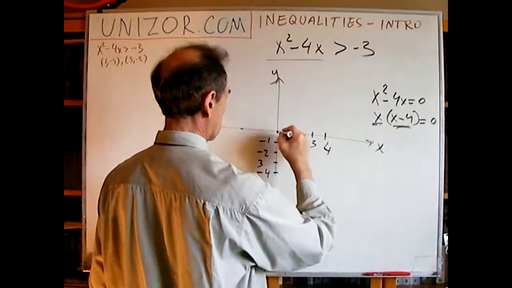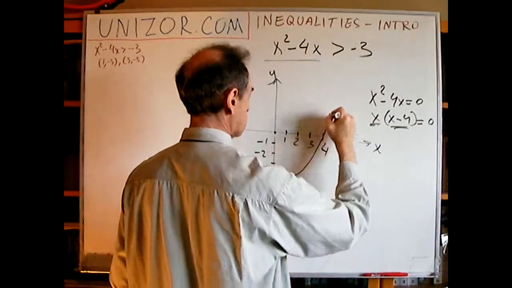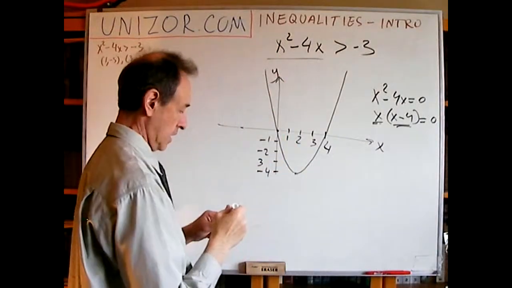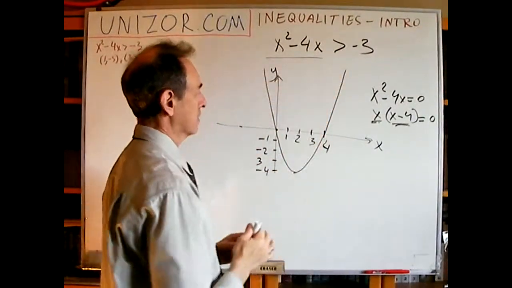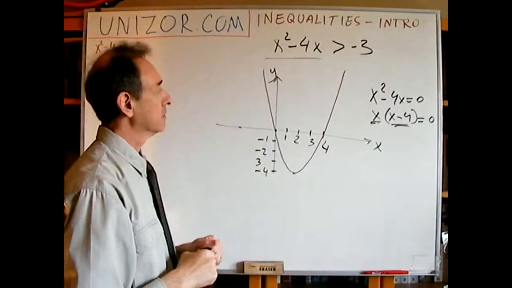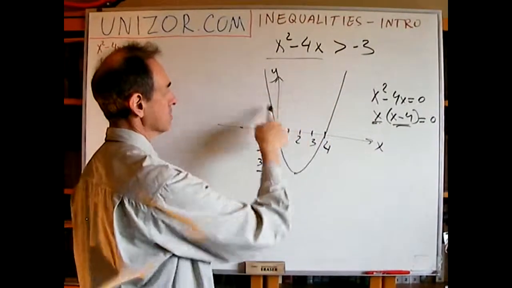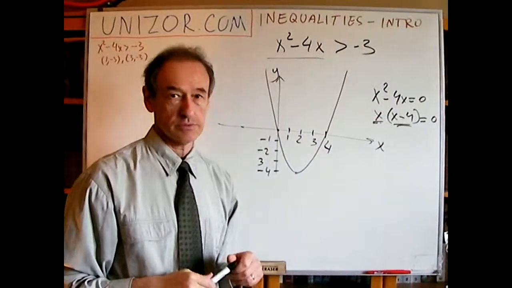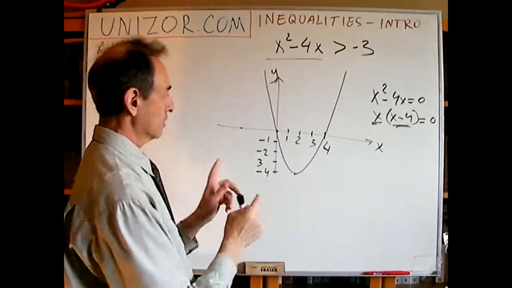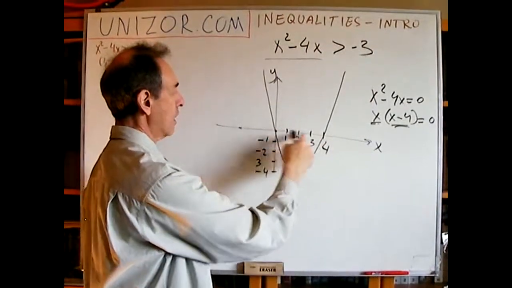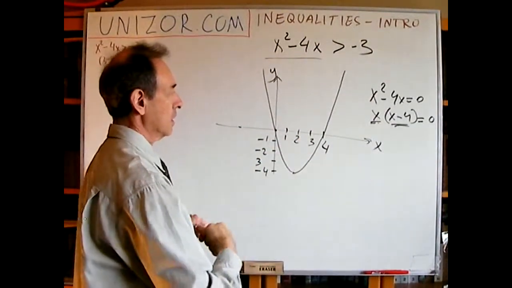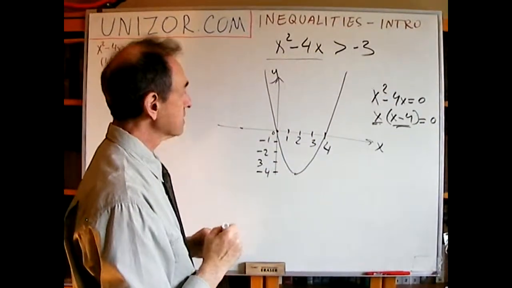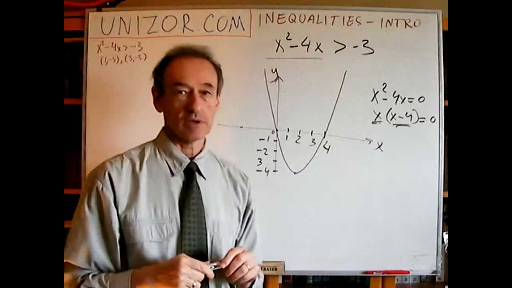So it looks like this. Now it's directed upwards with its horns, as I call them, because the coefficient at x squared is positive 1 in this case. So it goes up, and the roots are 0 and 4. That's why I draw it this way. So this is a parabola which represents the function on the left.